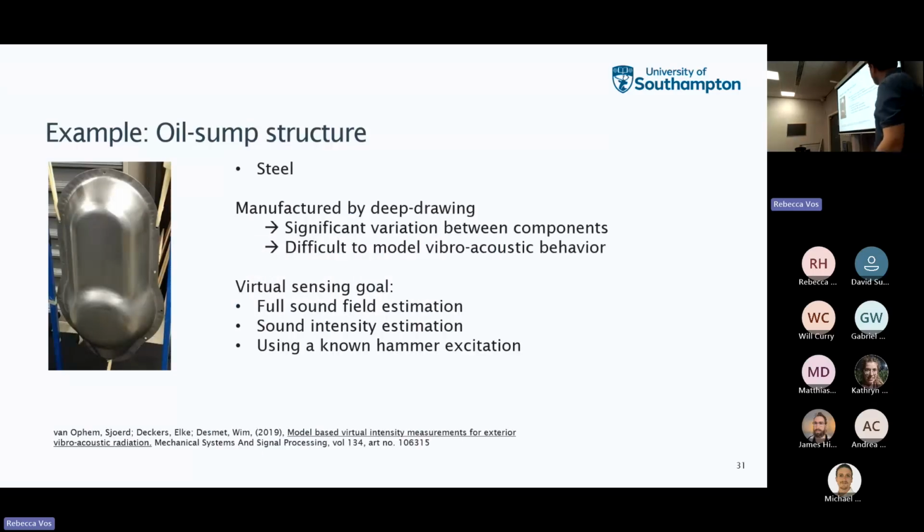So, like I said, the structure we're using is made of steel, and it's quite a tricky structure actually, because it was manufactured by deep drawing, and so there is quite a significant variation between them. We had like 5 of these in the lab when I was at Leuven, and they all had different resonance frequencies. So it's quite tricky to model these.